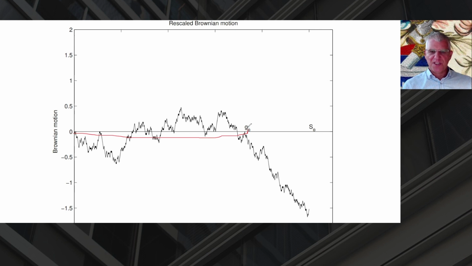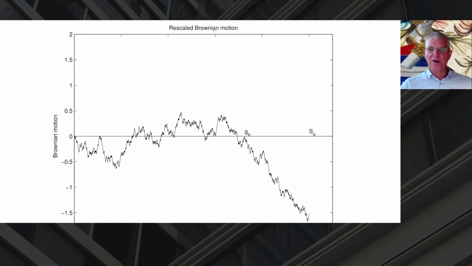So what you see here is that this piece of path of Brownian motion is just a Brownian bridge that you have stretched for a random amount that you call g theta, and you have stretched by the square root of g theta in the space dimension.